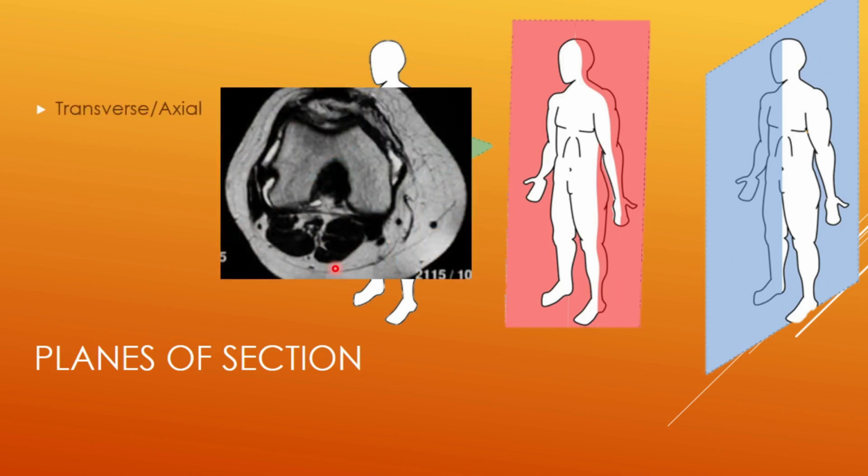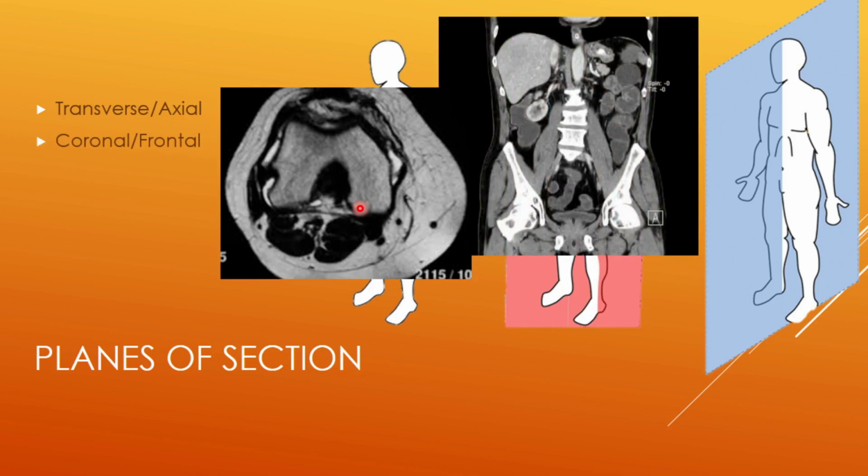So this is a cut separating the top from the bottom. So this is an MRI image through the knee. So what we're looking at here are the femoral condyles of the femur here, and everything below the whole of the leg, ankle and foot have been cut away on this image.